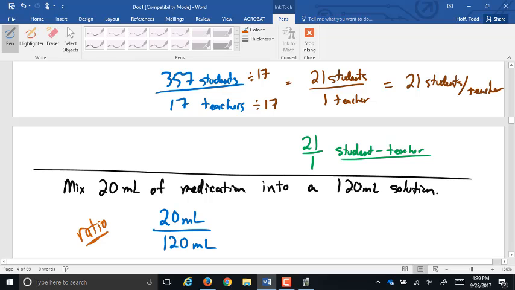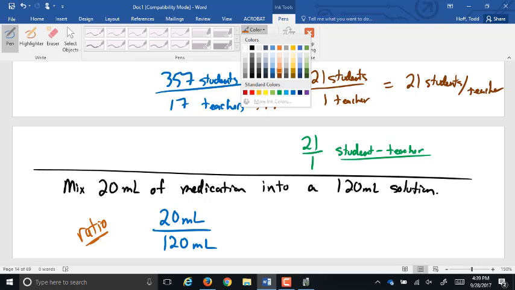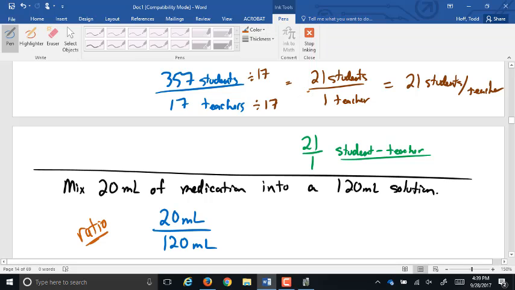And one of the unique things about a ratio is since the units are always the same, the units are always going to disappear. Now, both of those numbers could be divided by 2 or 10. They can actually both be divided by 20, which is going to give me 1 to 6. Notice a ratio never has any units on it.